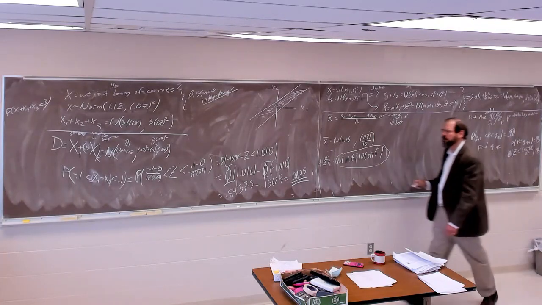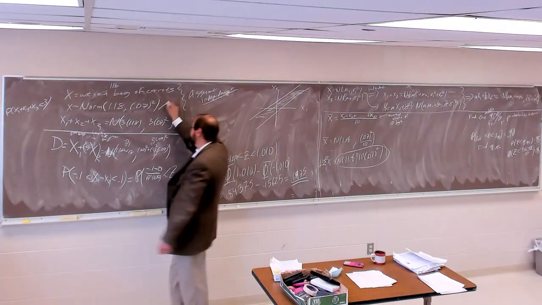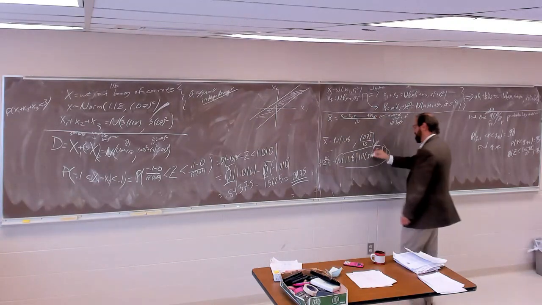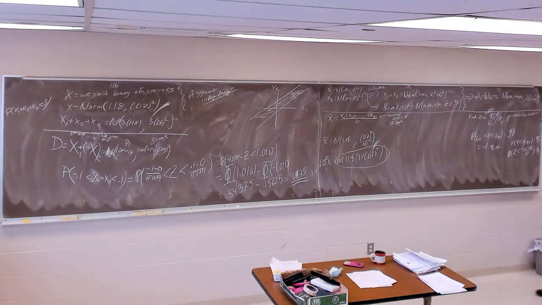And again, I'm going to work with this one first. I want to compare my answer here to what I would get if I asked the same question over here. So I set this thing up, I want to find this quantile, so I subtract off the mean, I divide by the sigma, and I know that this value should be the 95th quantile for the standard normal random variable.